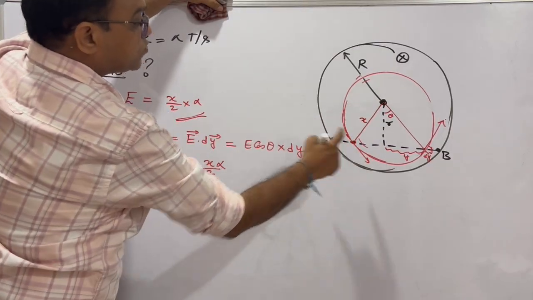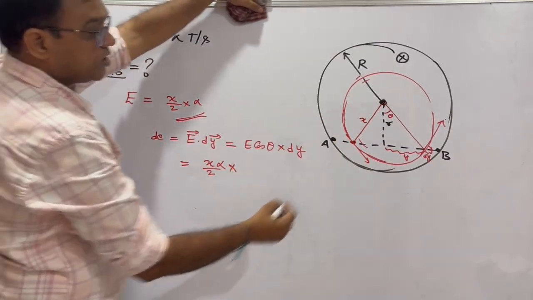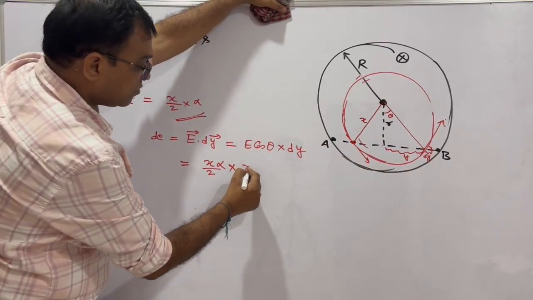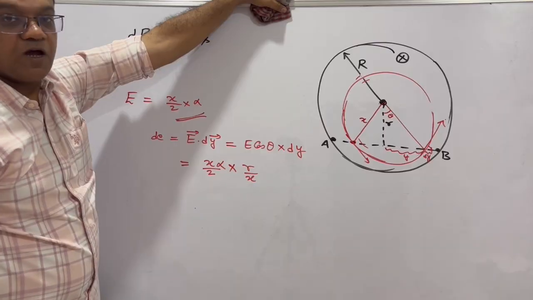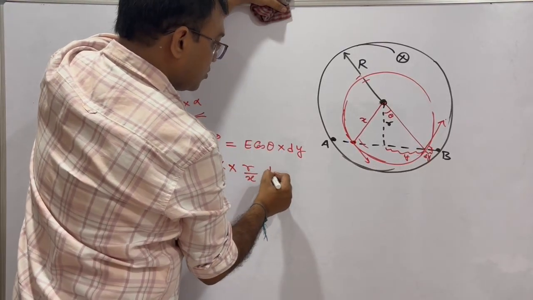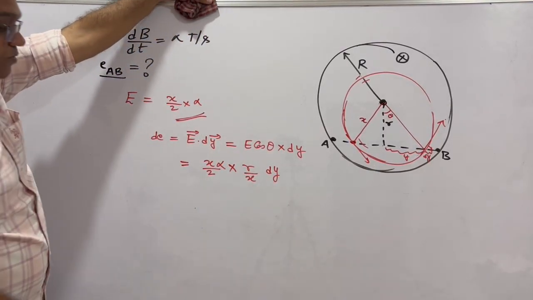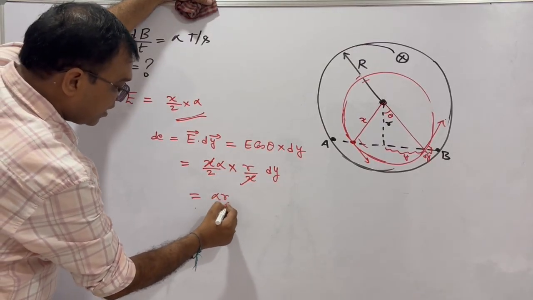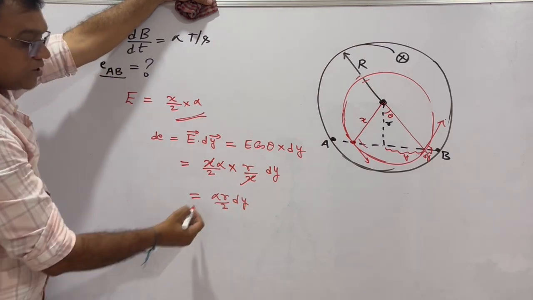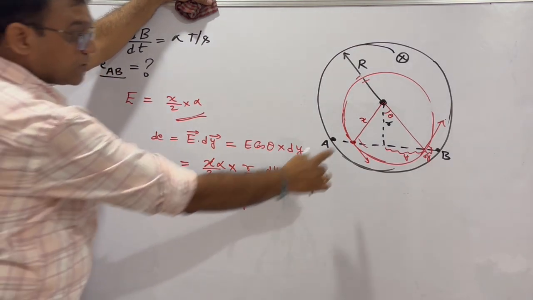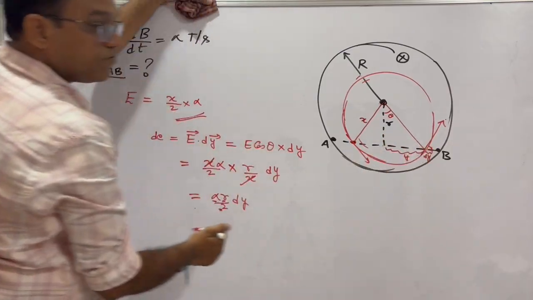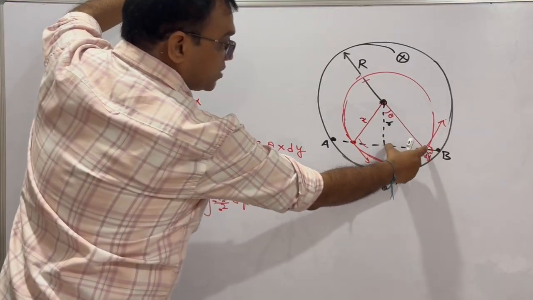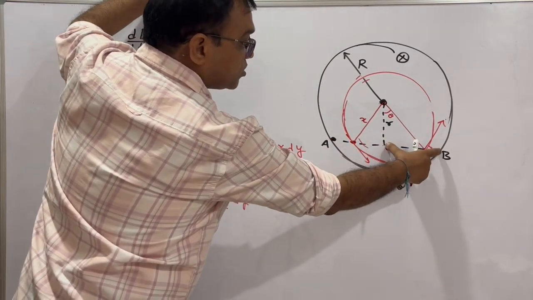Cos theta is base upon hypotenuse, that is r by x, and into dy. x cancelled. So it becomes alpha r by 2 into dy. In this, alpha constant, 2 constant, r constant. The variable left is only dy. So the total EMF generated is where y varies from minus of this to this distance.